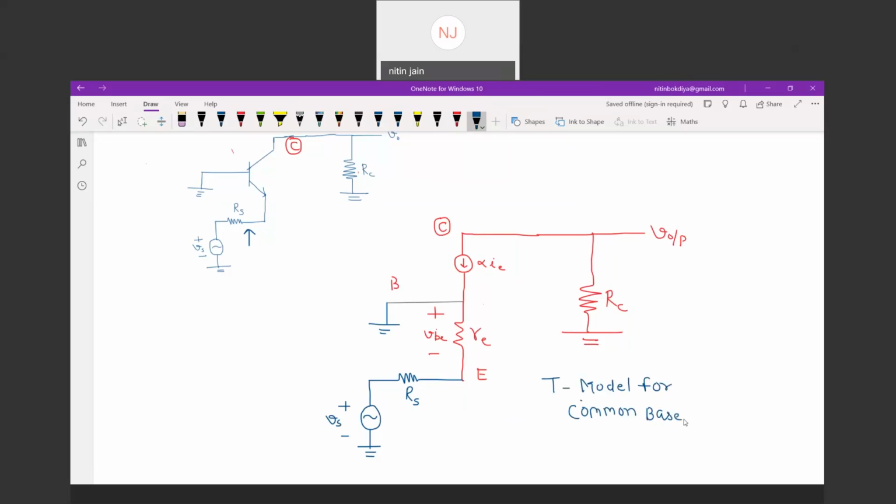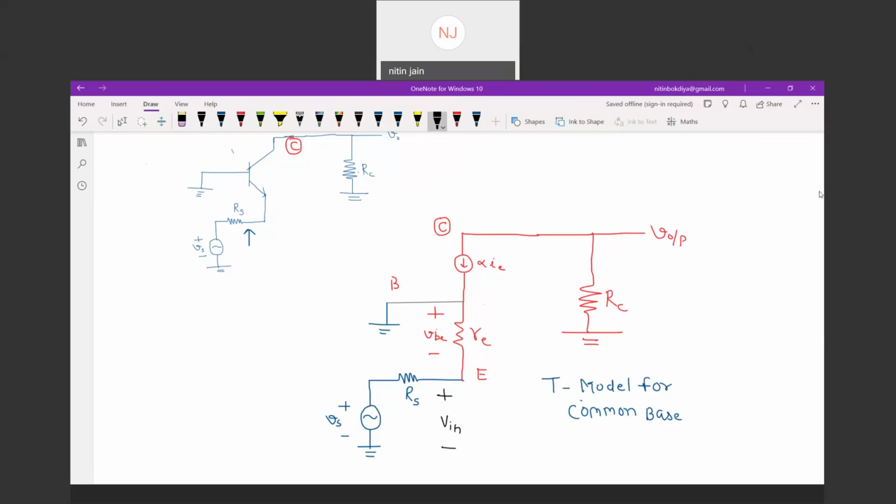Now what are the important parameters? These are input resistance, output resistance, voltage gain. Let's talk about everything. How much will the input resistance be, how much will the output resistance be? So what is input resistance? If this terminal voltage is V in, whatever drop occurs here is V in, then V in divided by I in is known as input resistance.